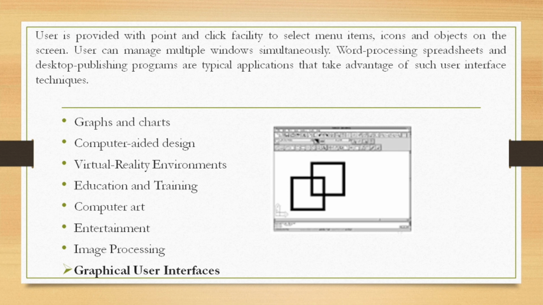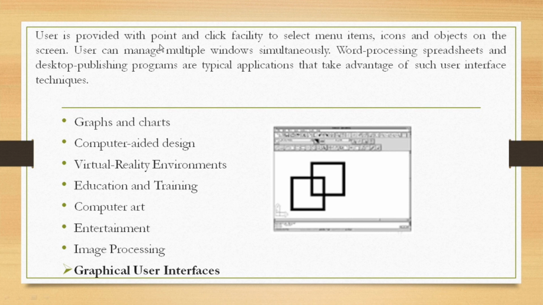So n number of options on a particular window, that window is known as a graphical user interface. Let us read what they have given. The user is provided with point and click facility to select menu items, icons and objects on the screen. It will help the users to click menu items, icons and objects on the screen.